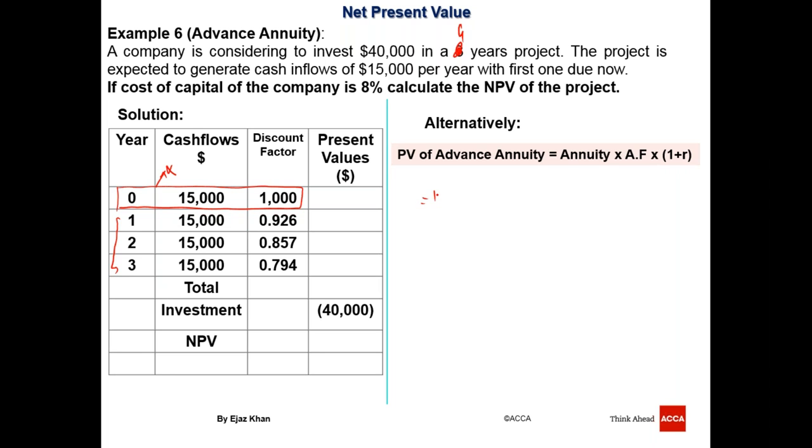Can you people just tell me the annuity factor? Remember, we are just ignoring this first cash flow for the time being. So may I know the annuity factor?